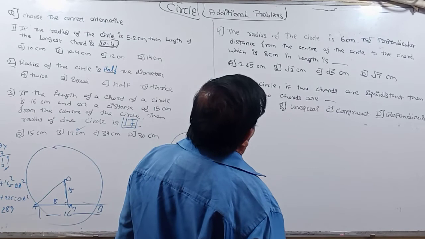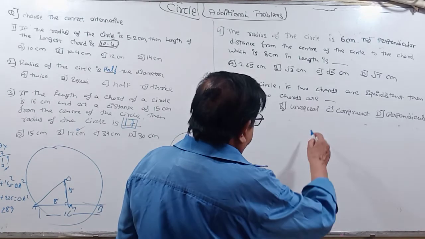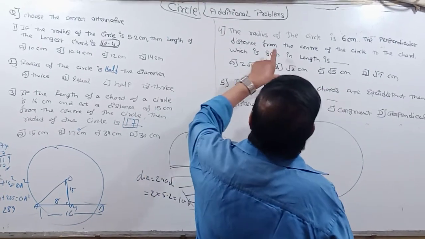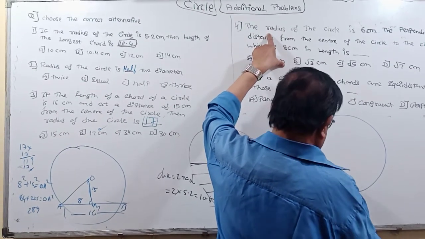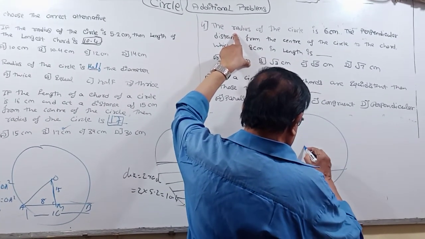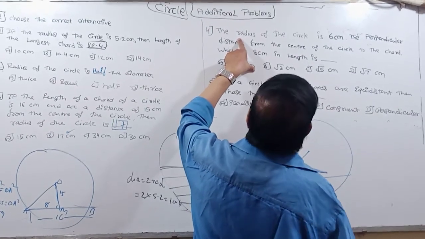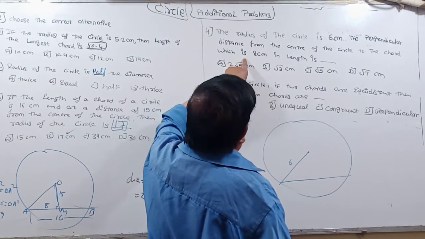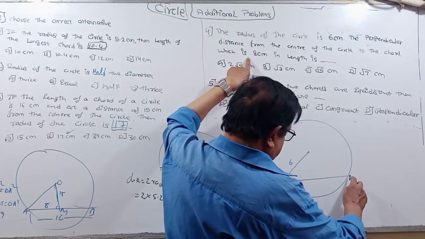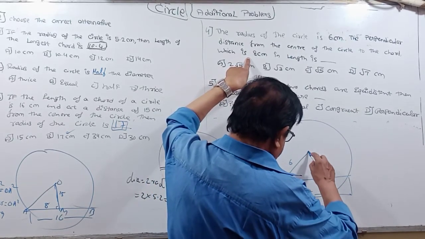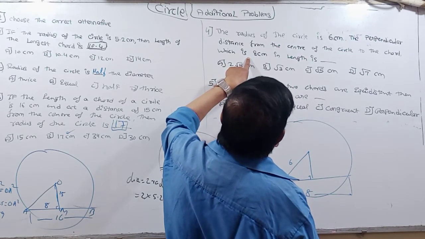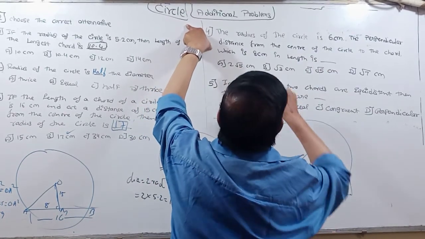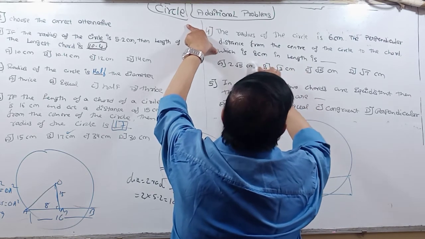The perpendicular distance is from the center of the circle to the chord.